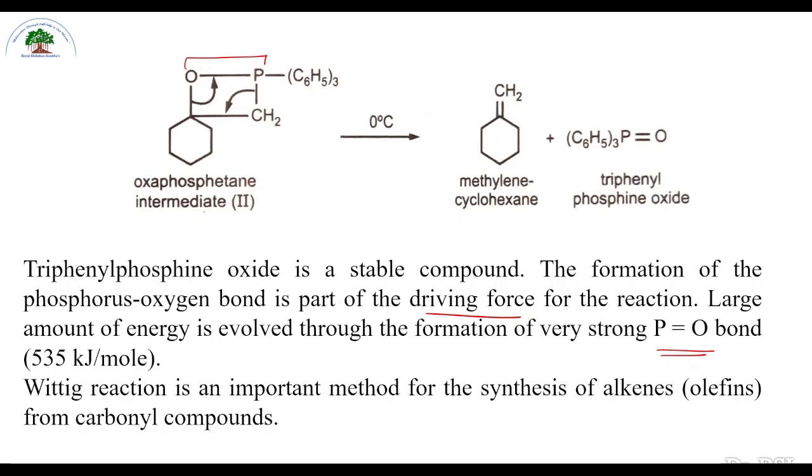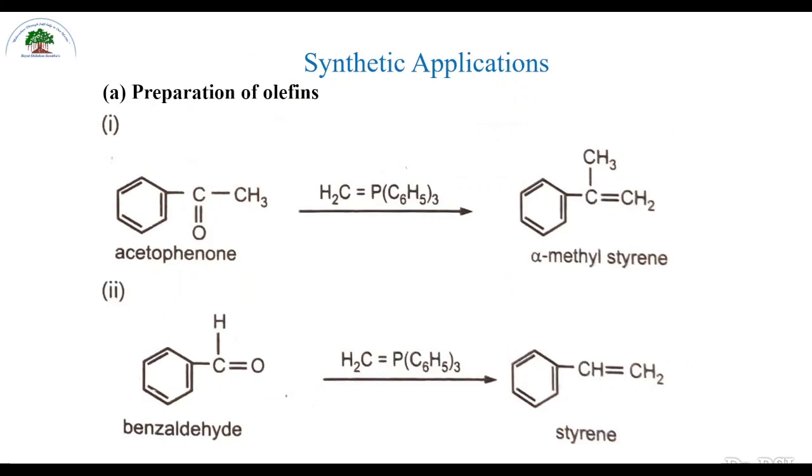The Wittig reaction is an important method for the synthesis of olefins, that is alkenes, from carbonyl compounds. These are the synthetic applications of the Wittig reaction. We can synthesize alkenes.